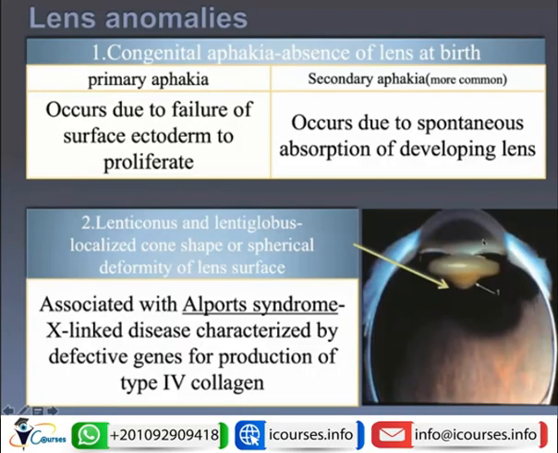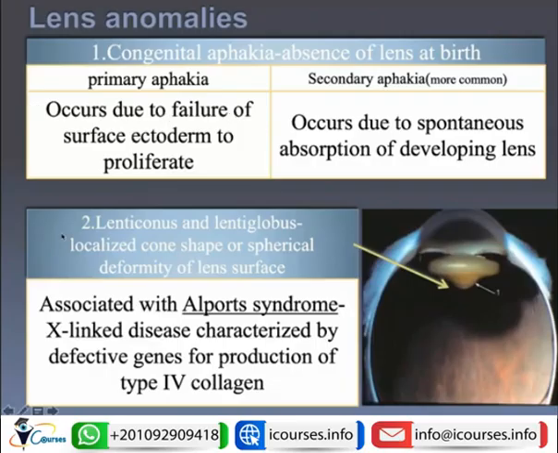Sometimes we have a congenital anomaly in the lens, like aphakia, where the child is born without a lens. This can be either primary or secondary, and the secondary is much more common than the primary. So why does this occur? This occurs because of failure of touch between the surface ectoderm and the optic vesicle.